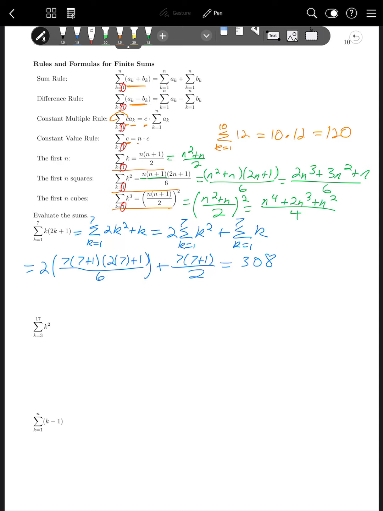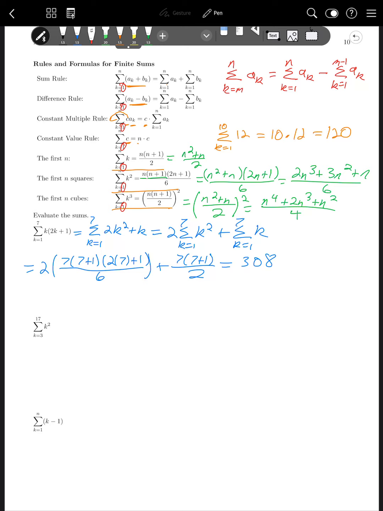Well, the nice thing about this is the sum from k equals m to n of a sub k is equal to the sum from k equals 1 to n of a sub k minus the sum from k equals 1 to m minus 1 of a sub k.